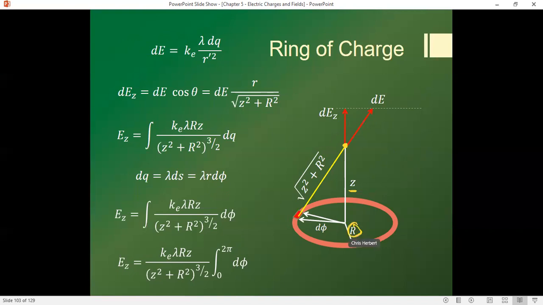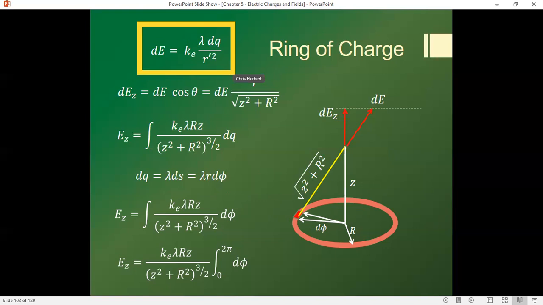R represents the radius of the ring. And phi is going to represent a direction going around the ring. Okay, that's important because we're going to integrate all the way around from 0 to 2 pi to complete the circle.